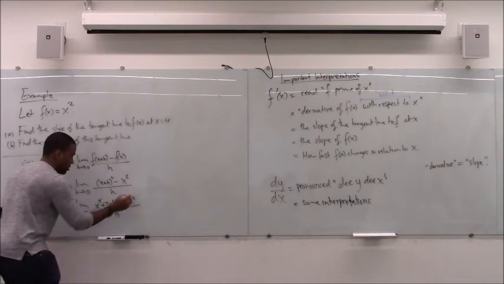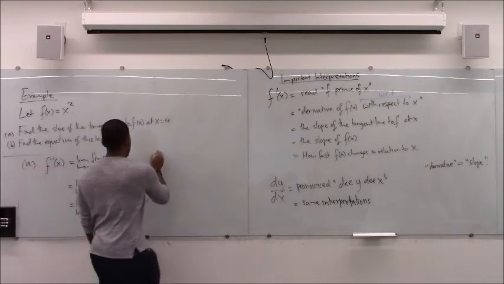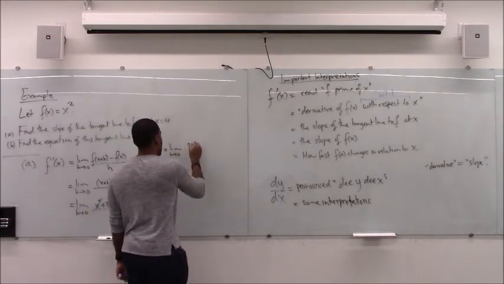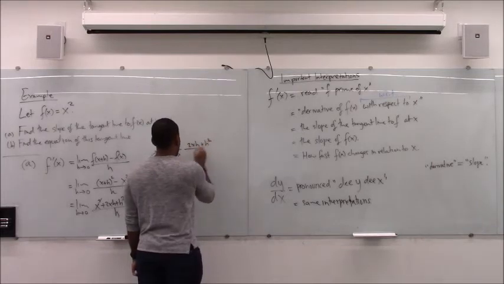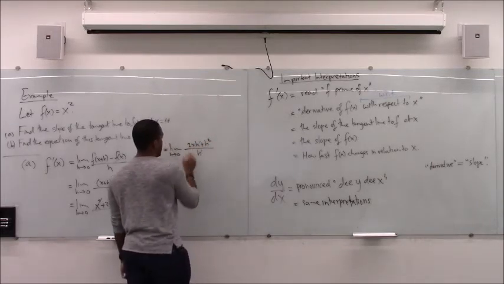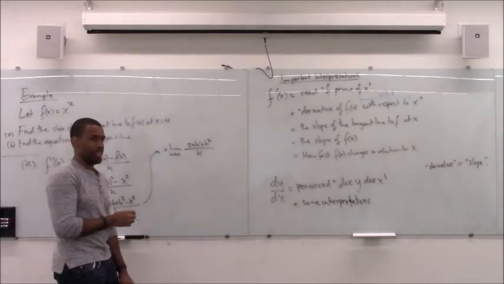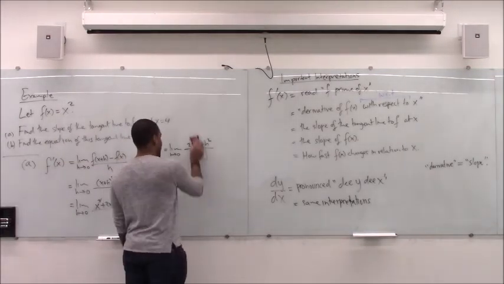Now the x squared terms cancel. So now you have the limit as h approaches 0 of 2xh plus h squared all over h. Can you cancel this h? You cannot cancel that h.